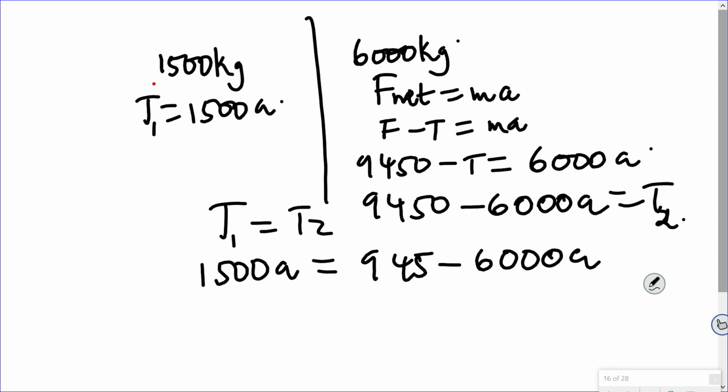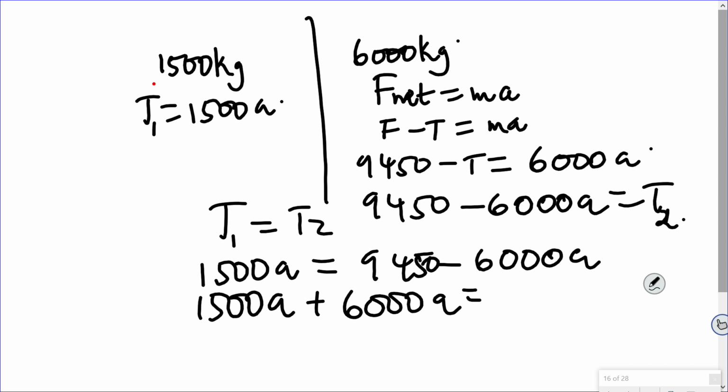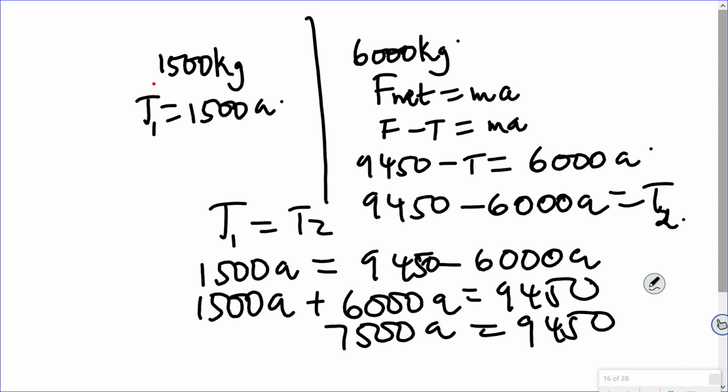Combine the two: 1,500 A plus 6,000 A, because it's negative there, equals 9,450. This is 1,500 plus 6,000, which is 7,500. So A equals 9,450 divided by 7,500.